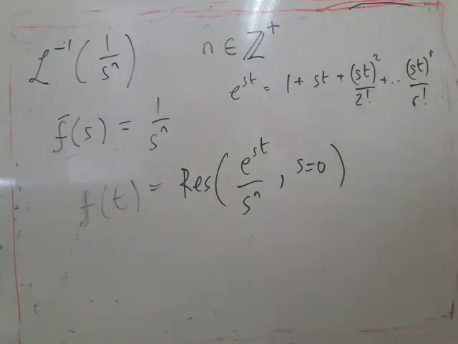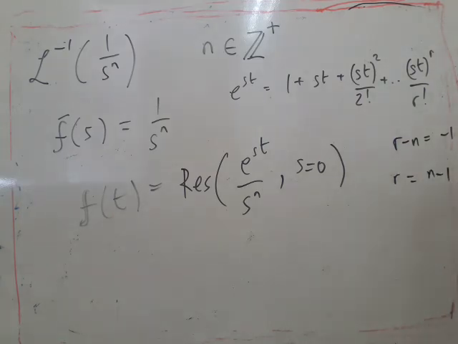So if we're dividing by s to the n, what we want is the coefficient of 1 over s. Divided by s to the n, that's basically going to be when r minus n is equal to minus 1. Or in other words, r equals n minus 1.